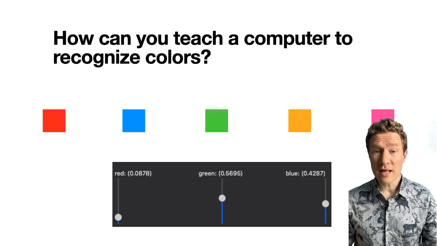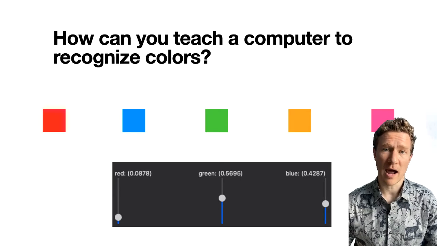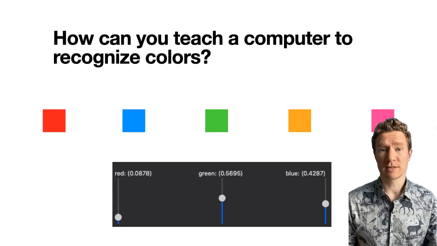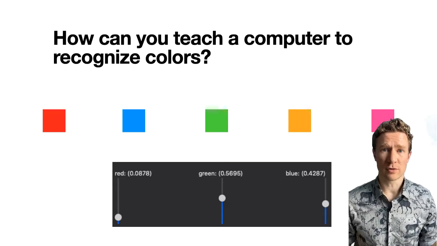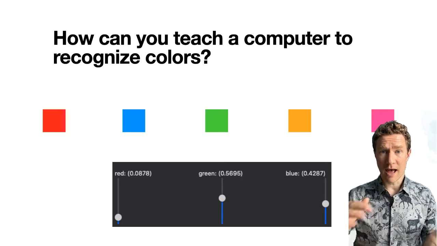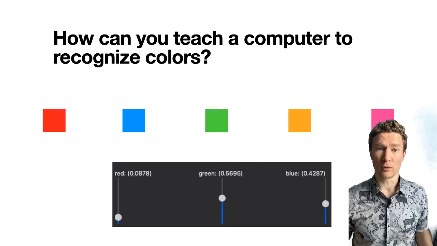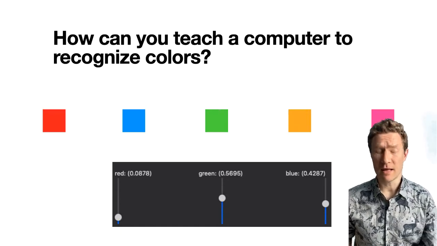And so one way that we can look at this problem is thinking a bit about how we tell computers what colors are. And we typically do this using a series of red, green, and blue values. So we say this color has this much red, this much green in it, and this much blue. And you can see an example of this here on the screen.